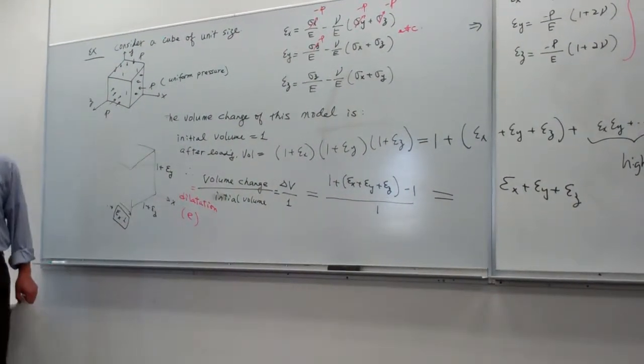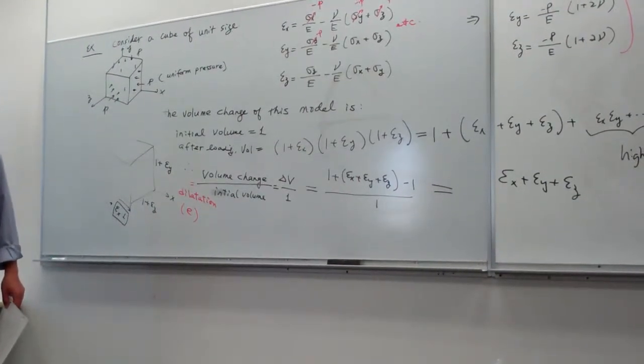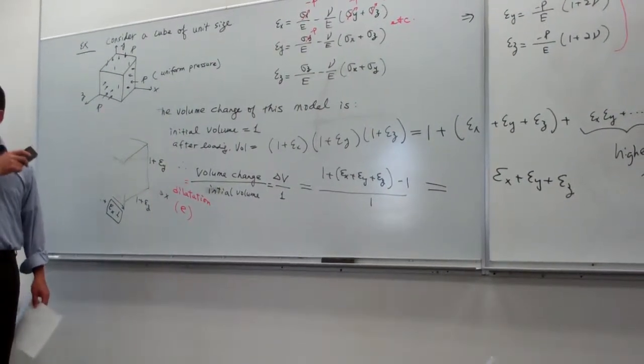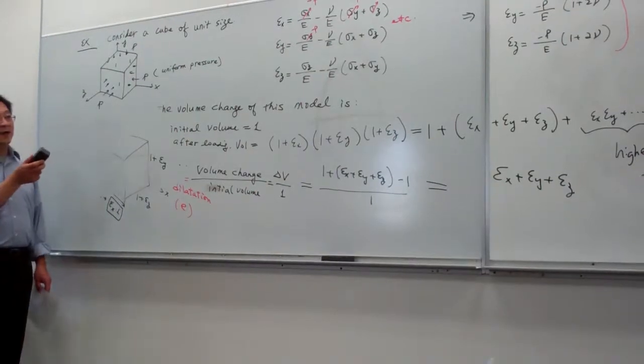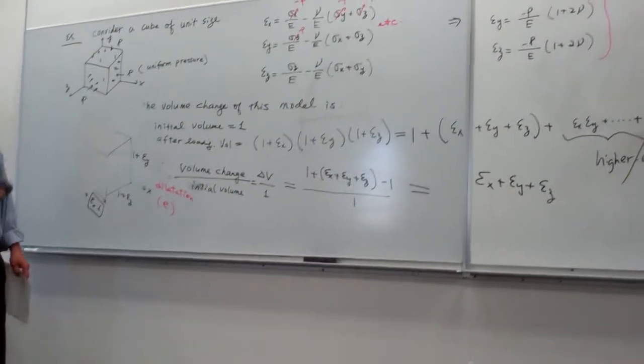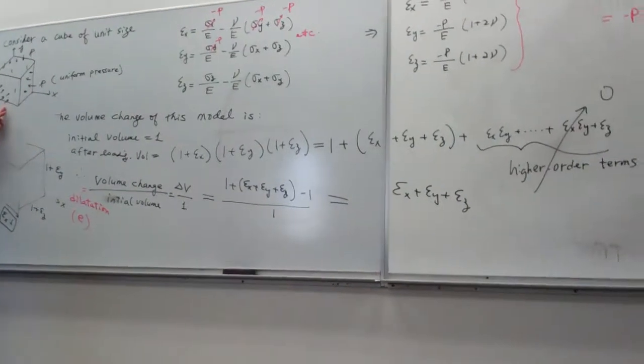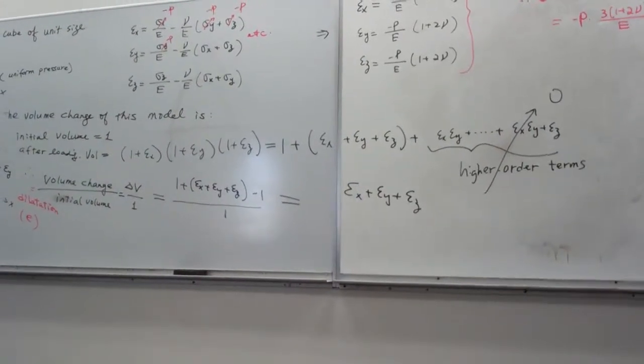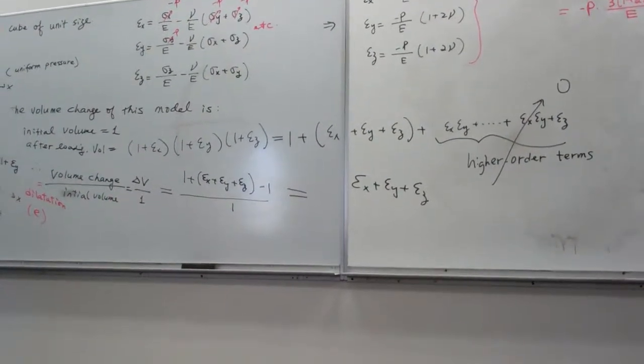Yes? Will it always be negative P, or is it just specifically for this case because negative P is the uniform pressure? Yes, and usually the definition of the bulk modulus is from pressure here. But that concept can be applied to, say, tension.